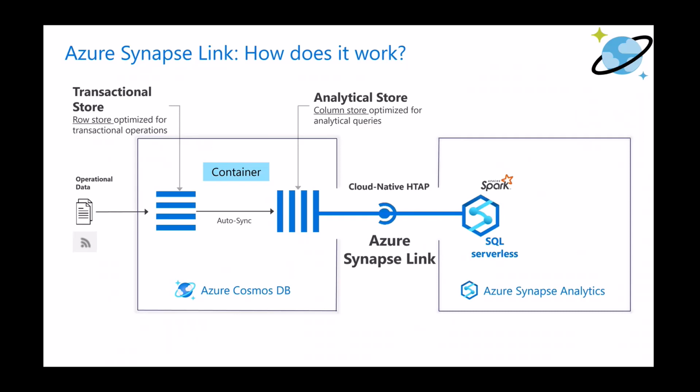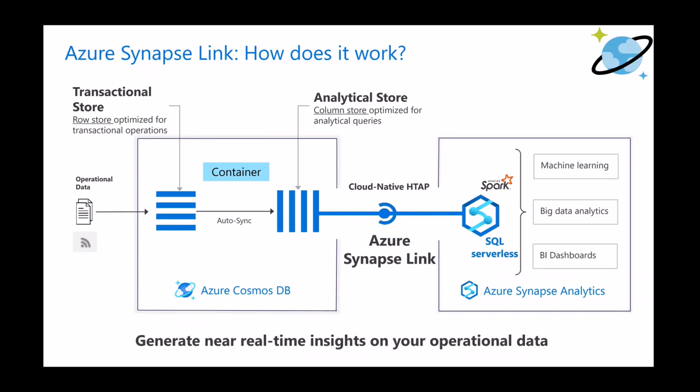Once the analytical store or the column store is available, you can use Azure Synapse to do your analytical workloads. You can use Apache Spark or SQL Serverless and run various types of workloads like machine learning, big data, or dashboards.